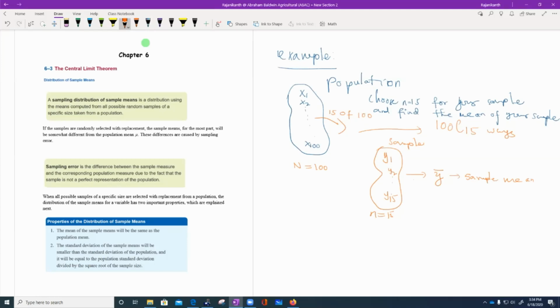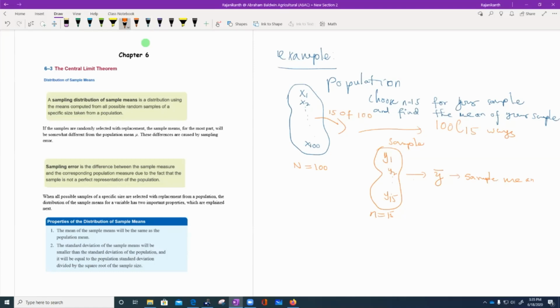So if you put together all possible y bars, all possible sample means, then those possible values form the sampling distribution. So you are thinking about samples of this sample size. That is called the sampling distribution of the sample mean.